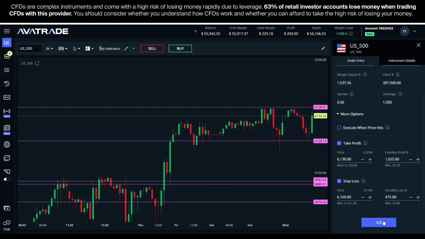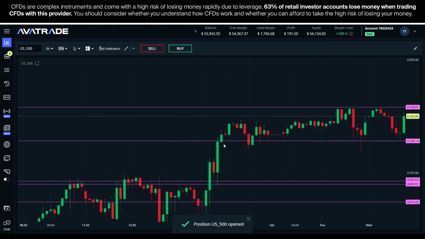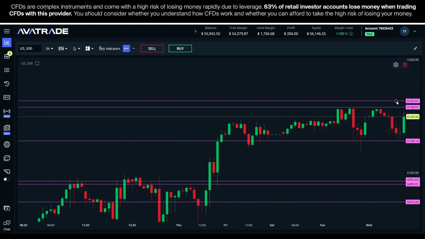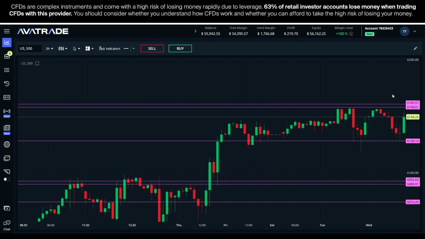Now I take a look and I say, okay, I sell. And so now my stop loss was up here at 61.60, above the resistance. My take profit is down here at 61.30, above the support. So to hit my take profit, I don't have to break any support levels.